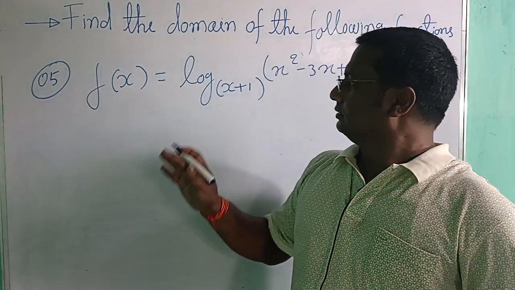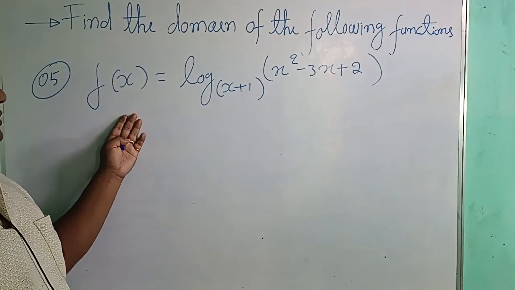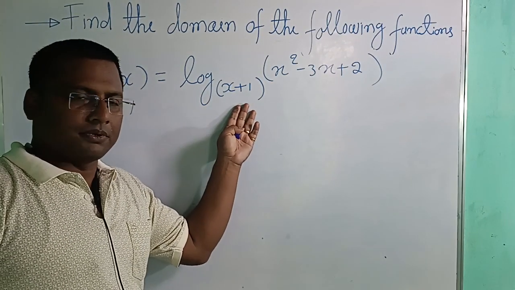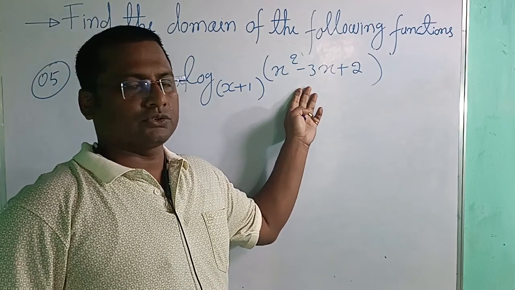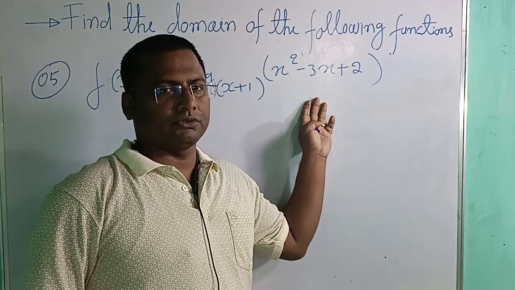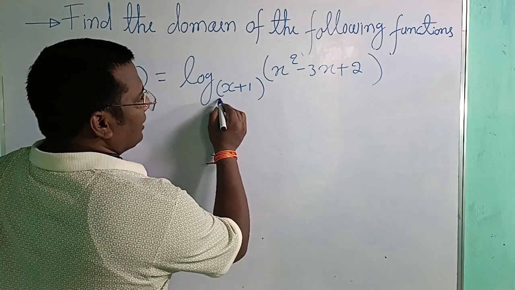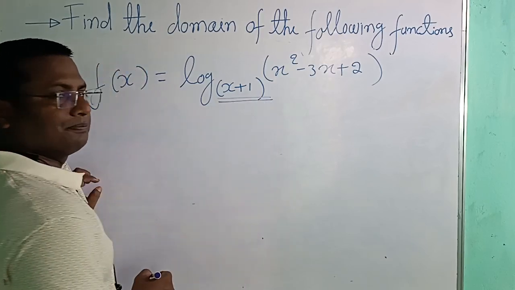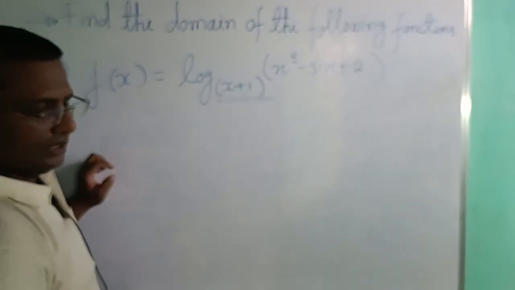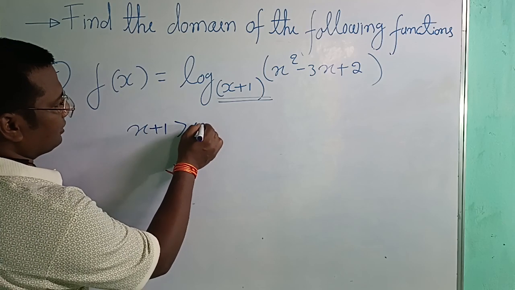Okay, now this question, f(x) equal to log base x plus 1 of argument x square minus 3x plus 2. Okay, we are going to solve this question. So first of all, the base of this log is x plus 1. As we know, this base x plus 1 must be greater than 0.